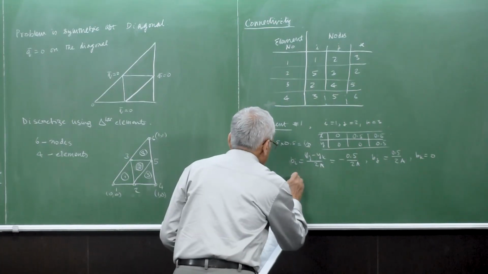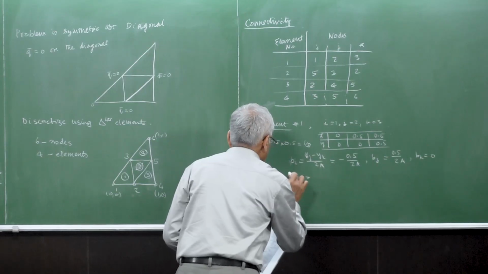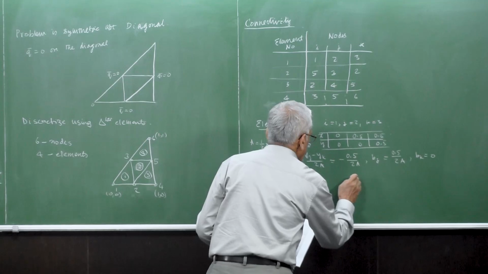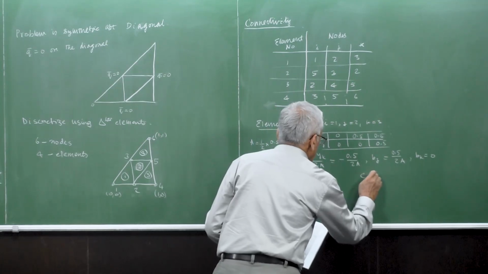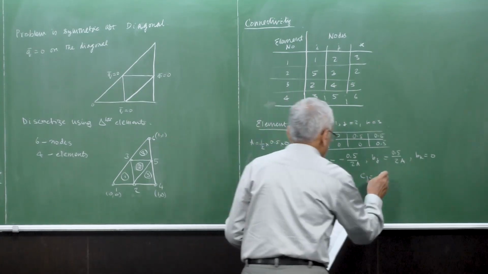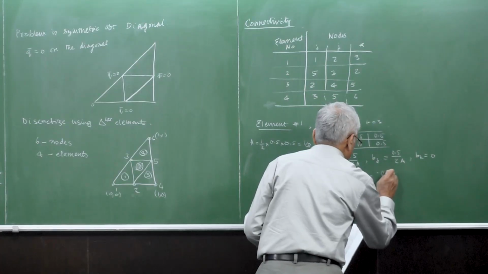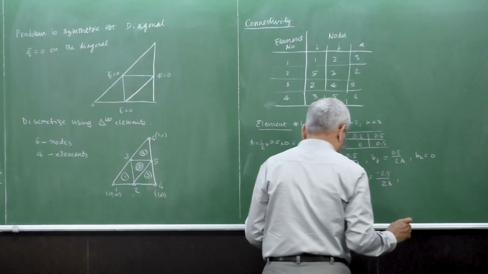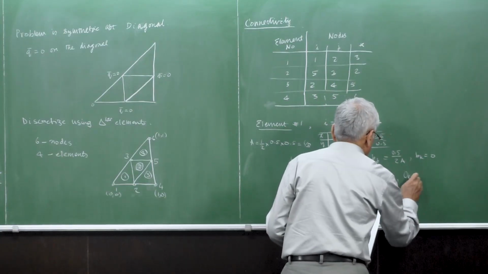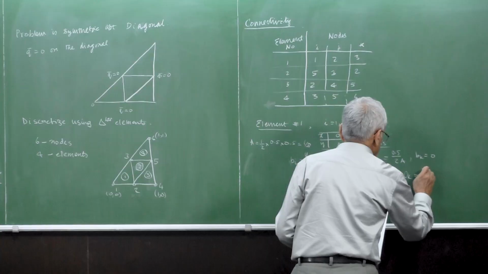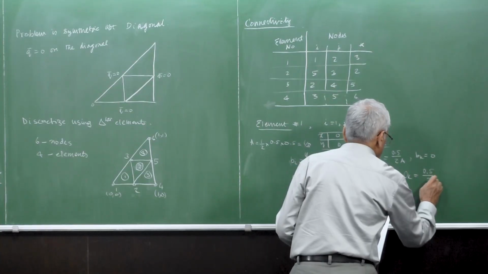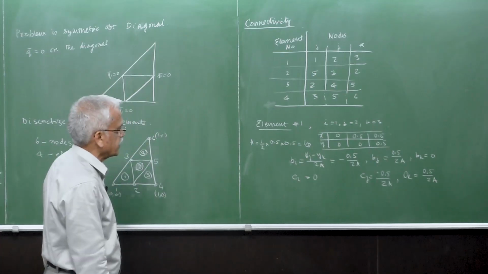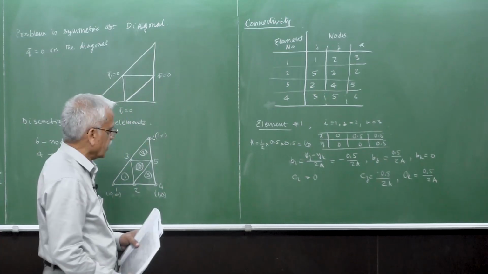And so similarly, we can find out Ci is 0 and Cj is minus 0.5 by 2A. Okay, so these are Bi, Bj, Bk, Ci, Cj, Ck.